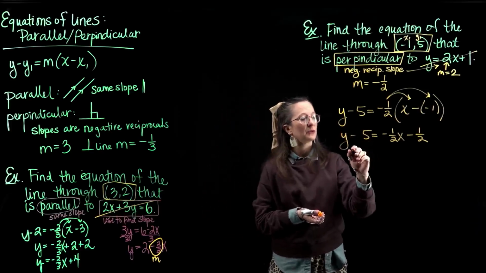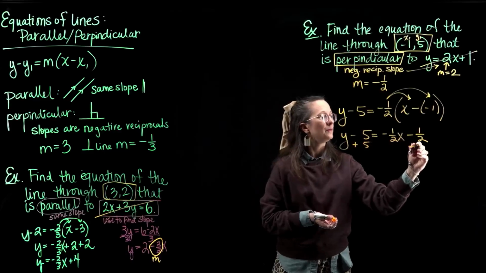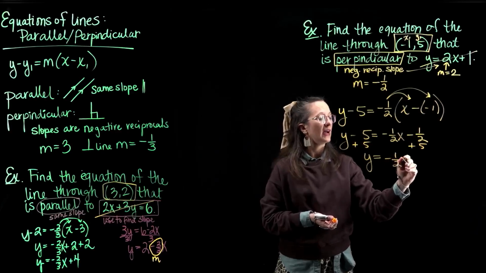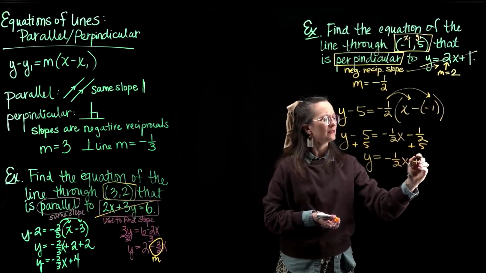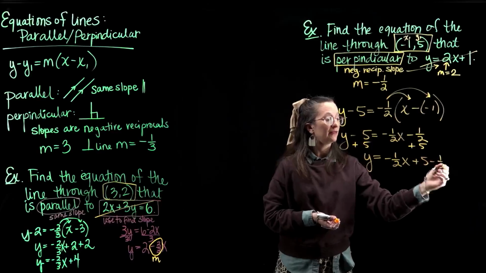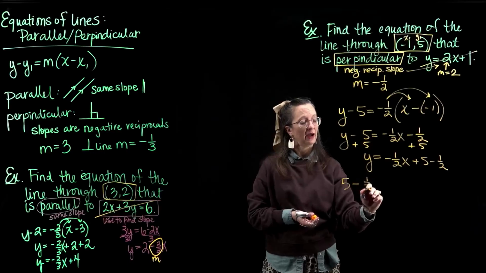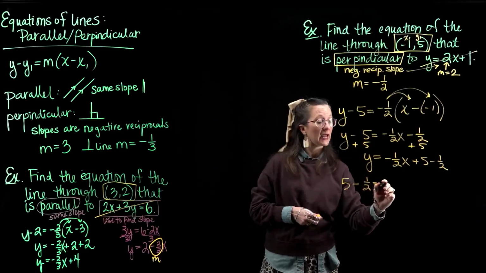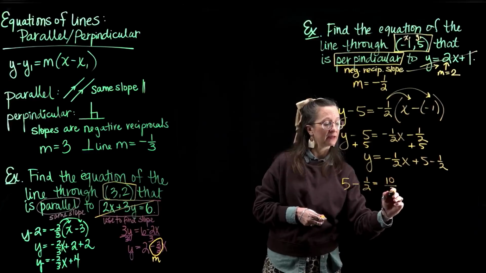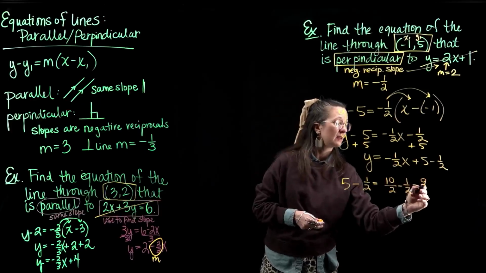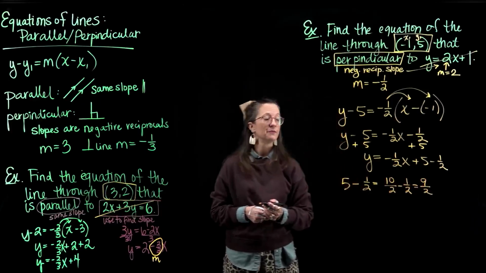I'll add 5 to both sides. So y is equal to -1/2 x + 5 - 1/2. Let's work that out. So 5 - 1/2 would be the same as 10 halves minus 1/2, which is 9 halves.